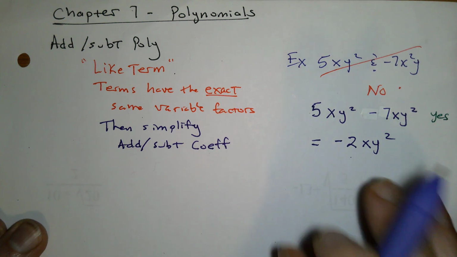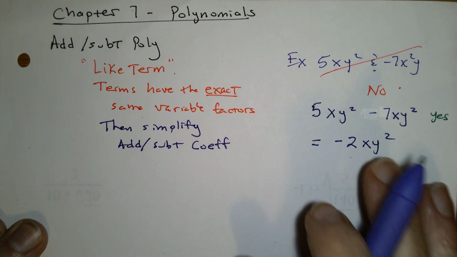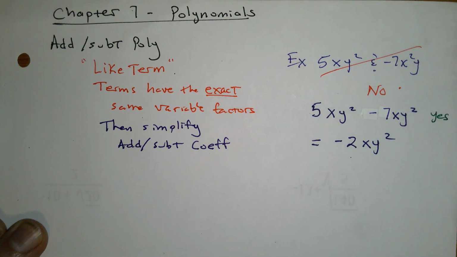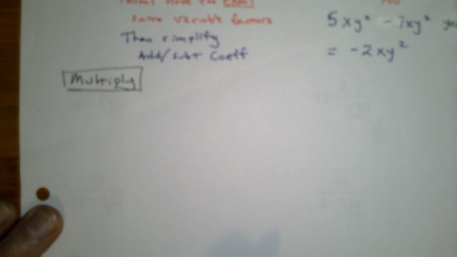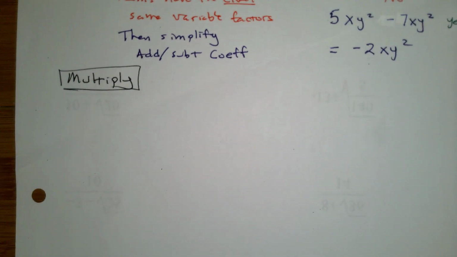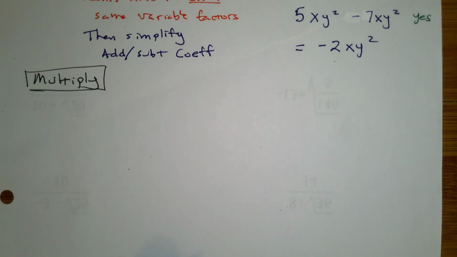Okay, so that's a big theme in Chapter 7, to get really good at adding and subtracting polynomials. The other big theme is multiplication. Now multiplication, that's why we had to learn all the exponent laws.